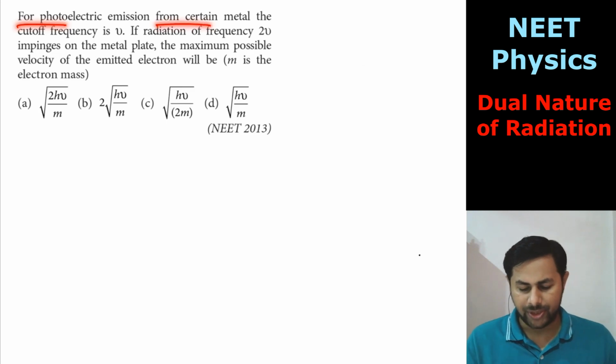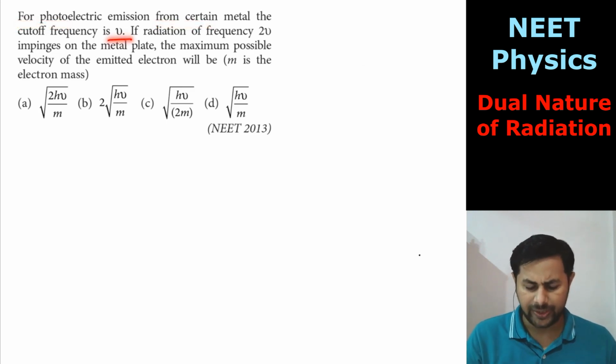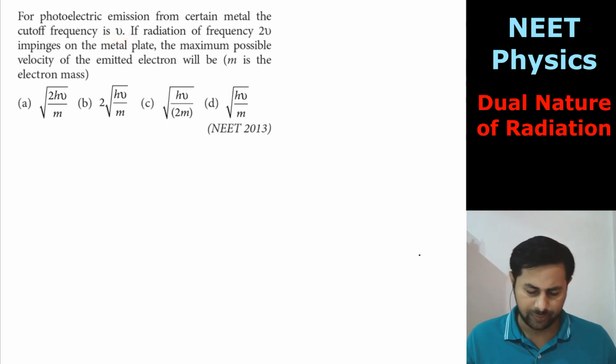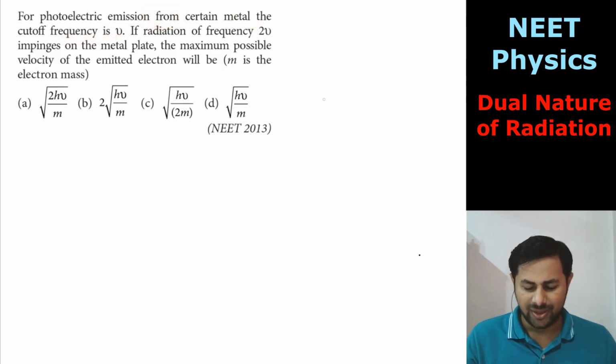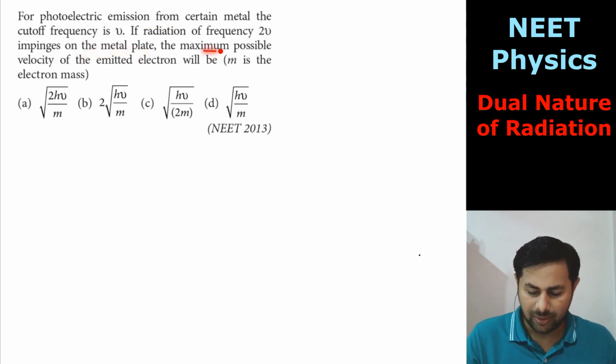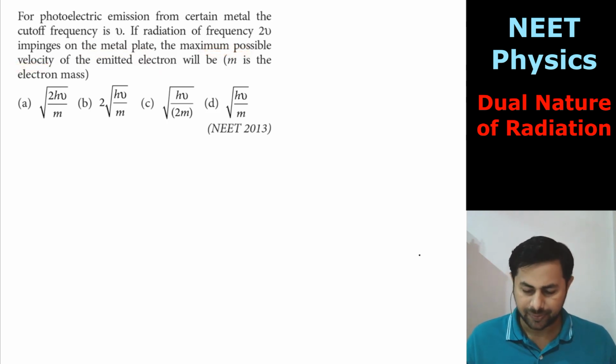For photoelectric emission from a certain metal, the cutoff frequency is nu. If radiation of frequency 2 nu impinges on the metal plate, the maximum possible velocity of the emitted electrons will be, right?